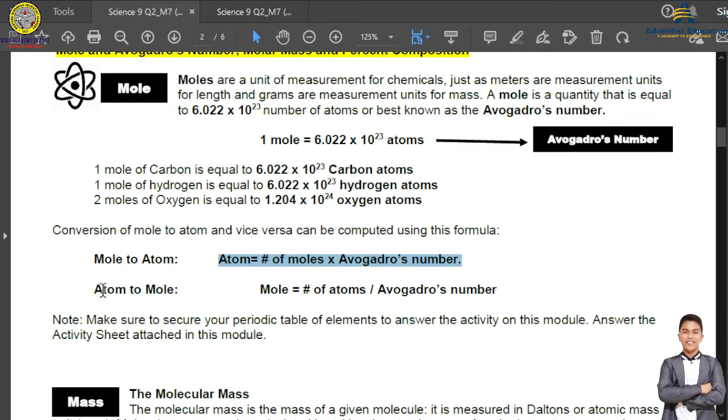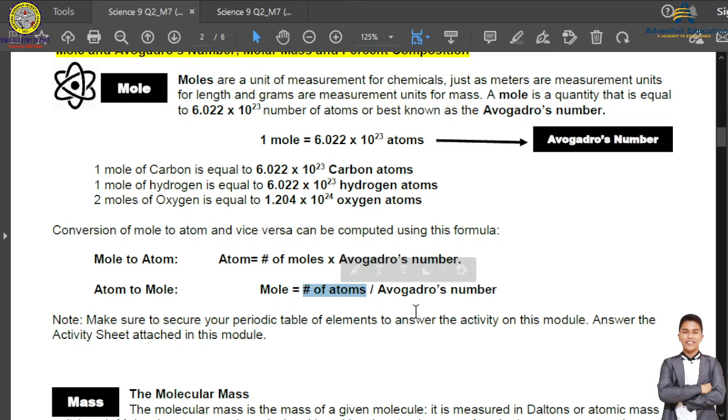If the number of atoms is given and you want to convert to moles, you use the number of atoms divided by Avogadro's number.